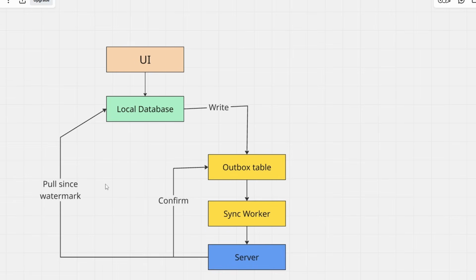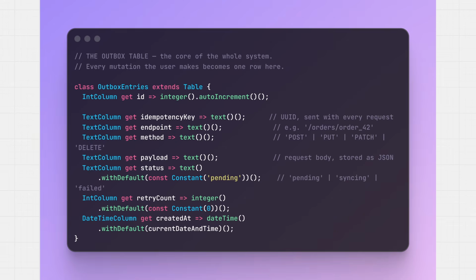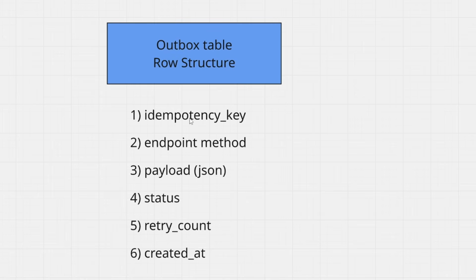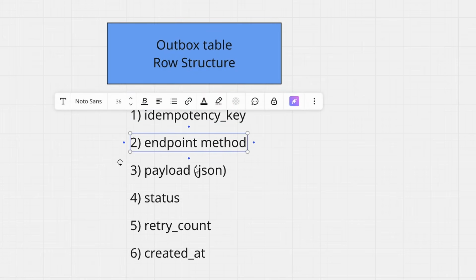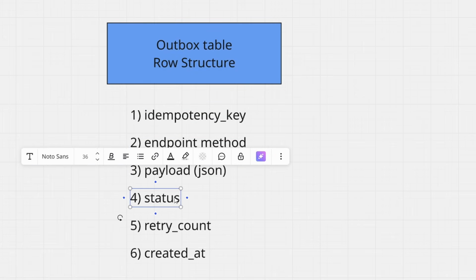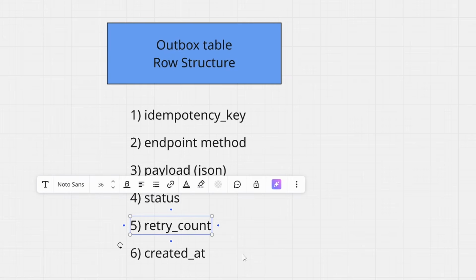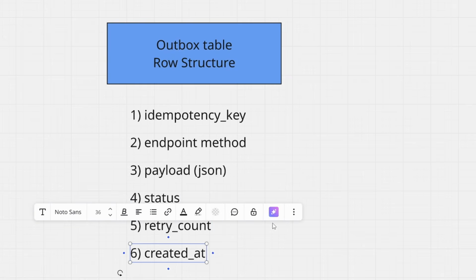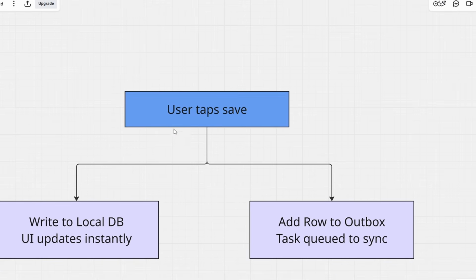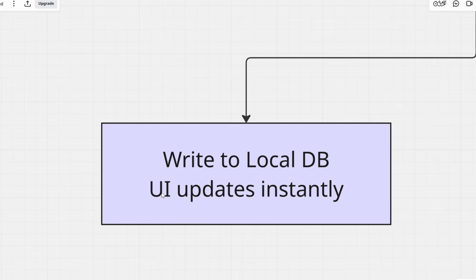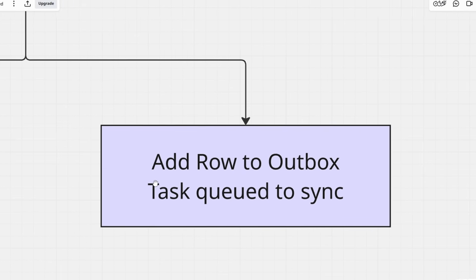Now the core of the system. Every mutation the user makes becomes a row in an Outbox table. This table has a few key fields: an idempotency key, the endpoint, the payload as JSON, a status, a retry count, and a created at timestamp. When the user taps save, two things happen. You write to the local database and you add a task to the Outbox.